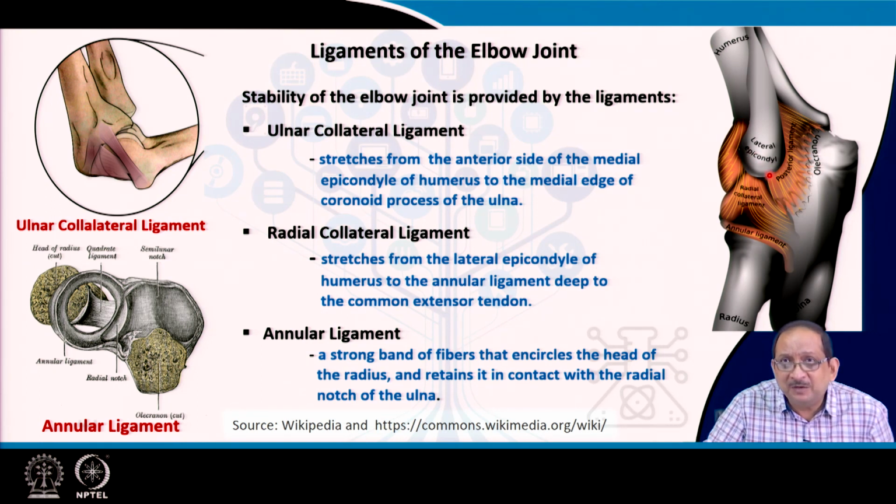So, it is stretching from here, the lateral epicondyle of the humerus, to the annular ligament deep to the common extensor tendon, whereas the annular ligament is actually a strong band of fibers that encircles the head of the radius and retains it in contact with the radial notch of the ulna.